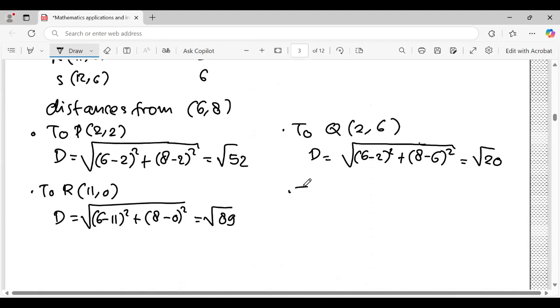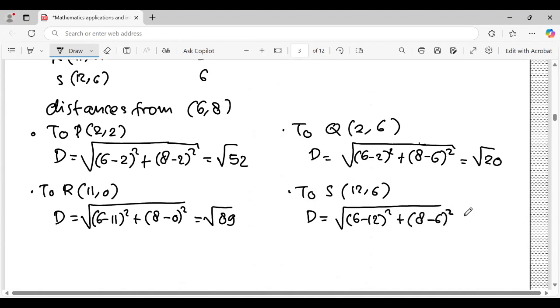Next, to S (12, 6). The distance equals the square root of (6 minus 12) squared plus (8 minus 6) squared, which equals square root 40.